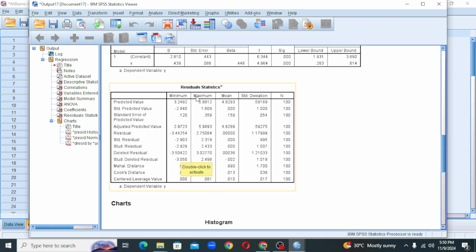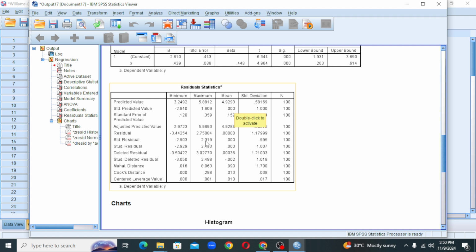Thereafter we have to look at residual statistics. As we said earlier, the mean should be 0, and the mean data are given here. The next thing we have to look at is standardized residuals, and those should be within positive or negative 3.